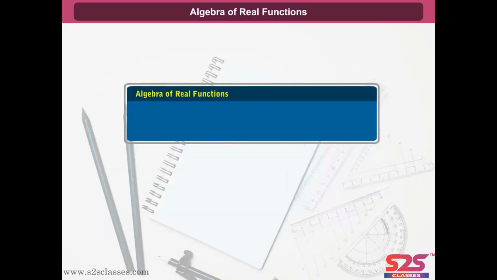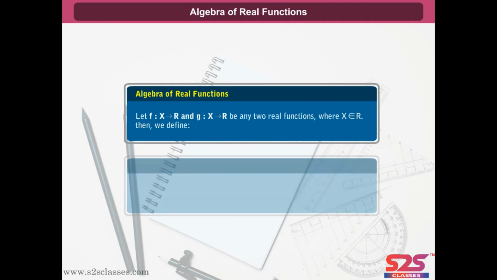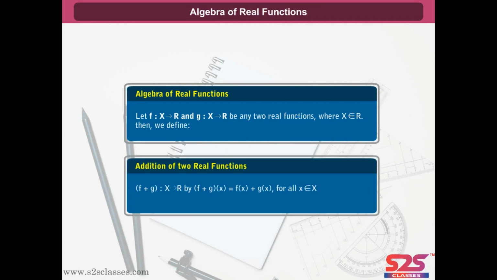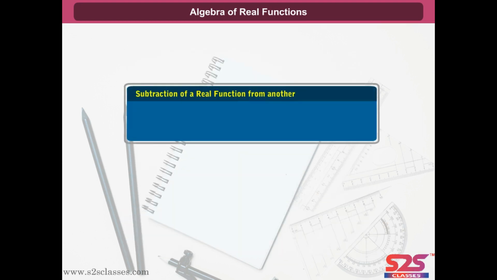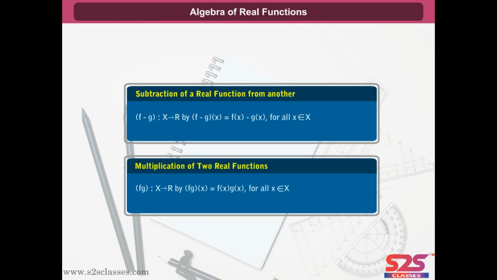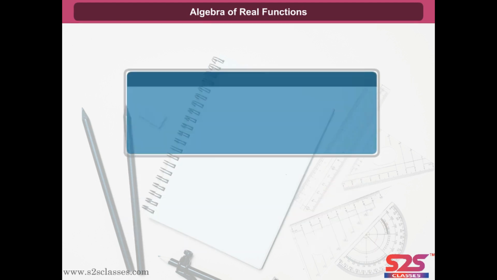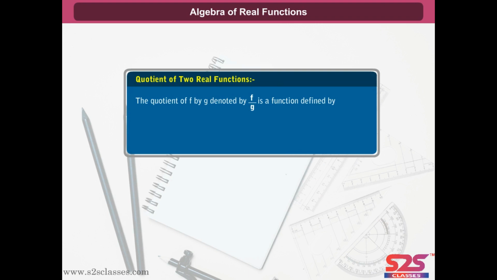Algebra of real functions. Let f and g be any two real functions as shown, where X is a subset of R. Then we define addition of two real functions as shown, subtraction of a real function from another as shown, multiplication of two real functions as shown, and quotient of two real functions.